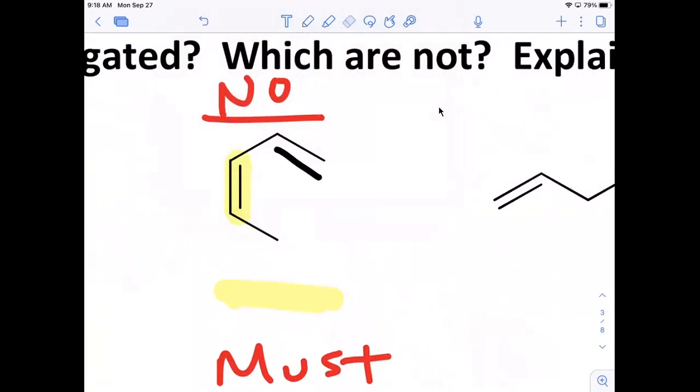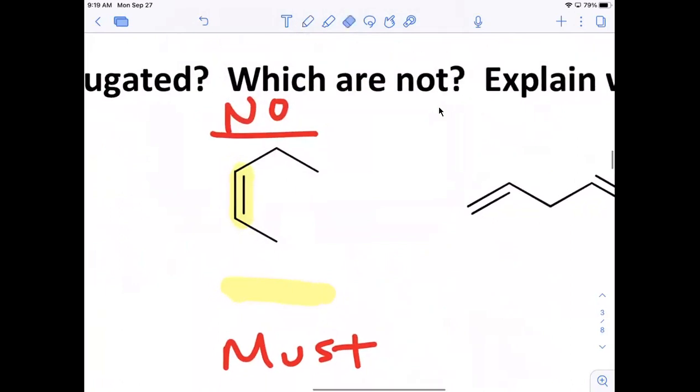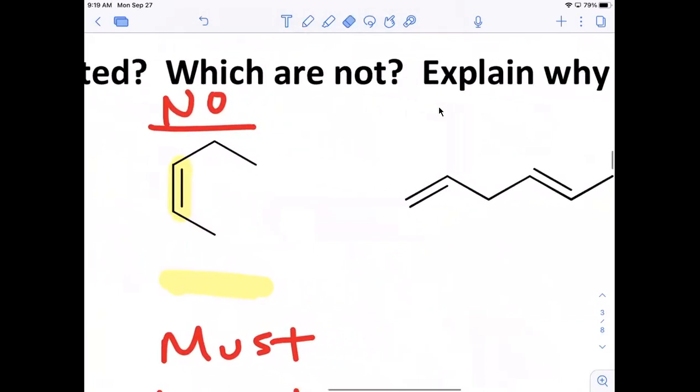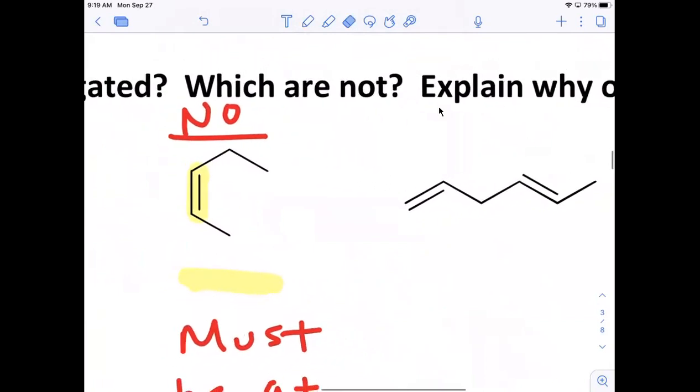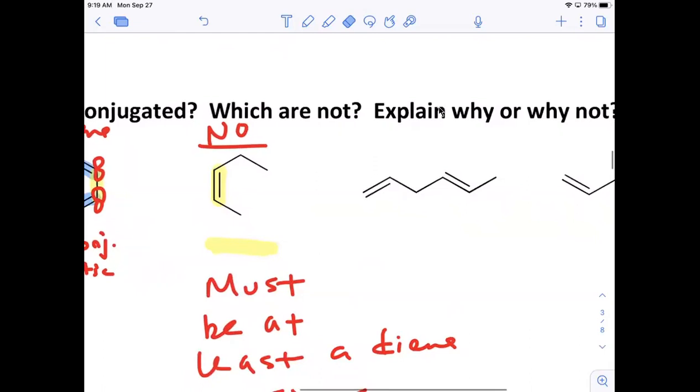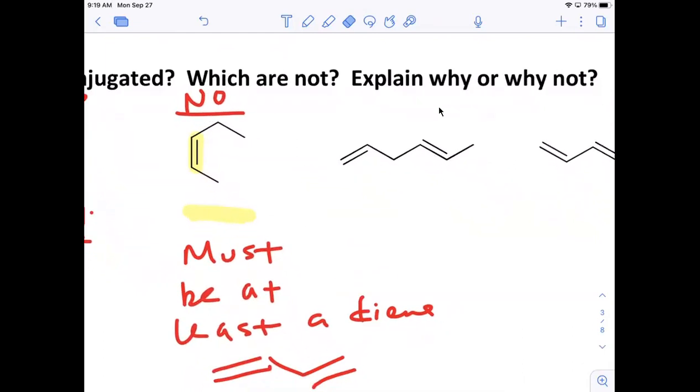But the fact that it's just a single pi bond, it cannot be conjugated. At minimum, it has to be a diene in order to display conjugation. And then if it's a diene, it has to follow that pattern of pi, sigma, pi alternating.